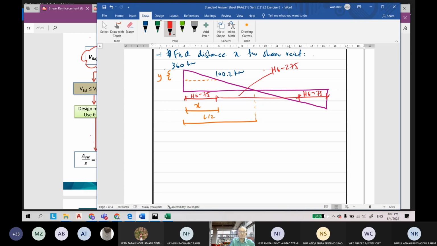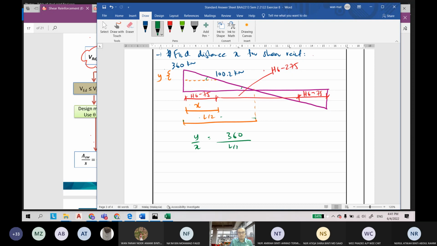So the calculation is very easy. Y over X is equal to the tangent, which is 360 over L over 2.